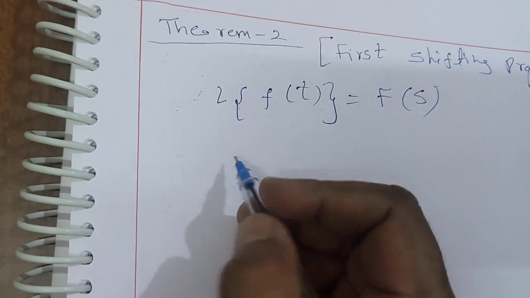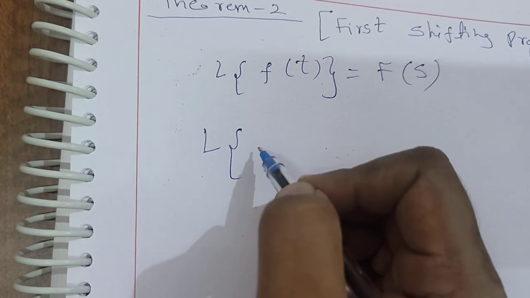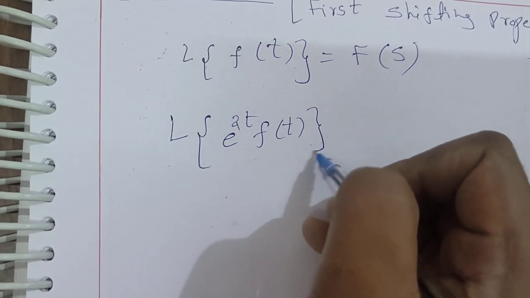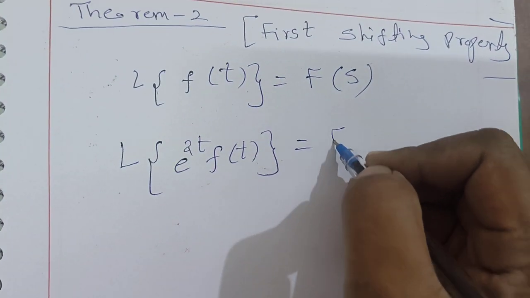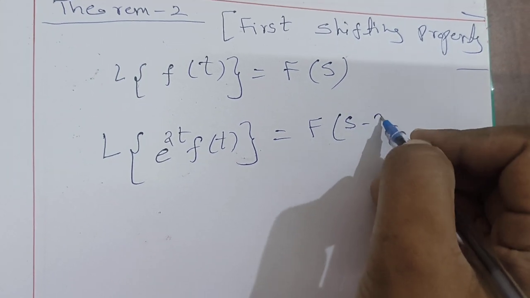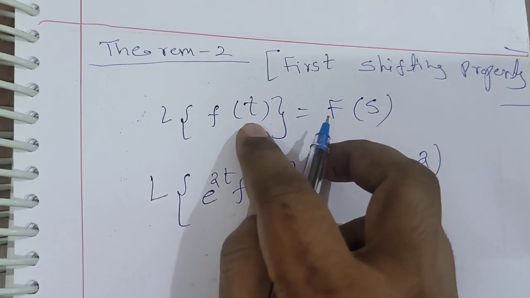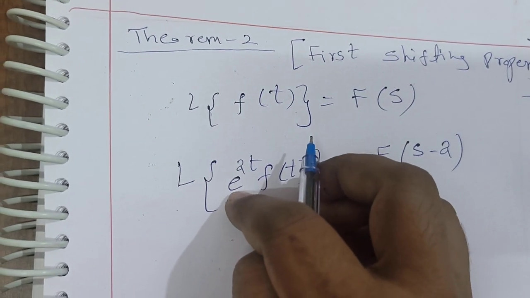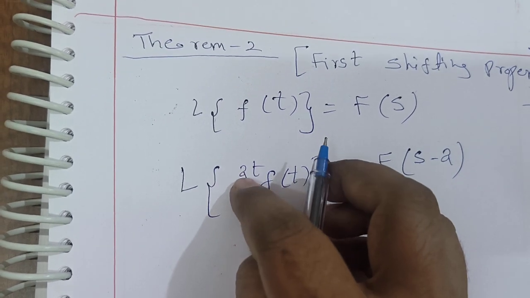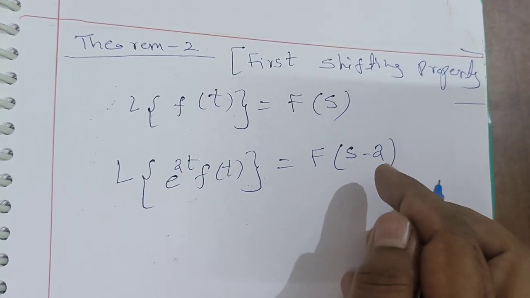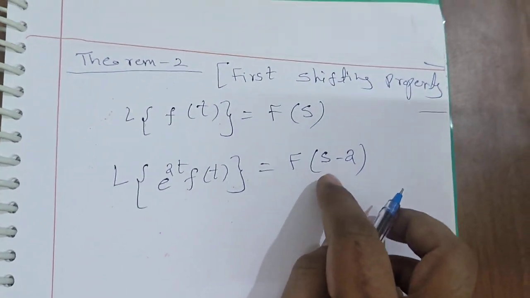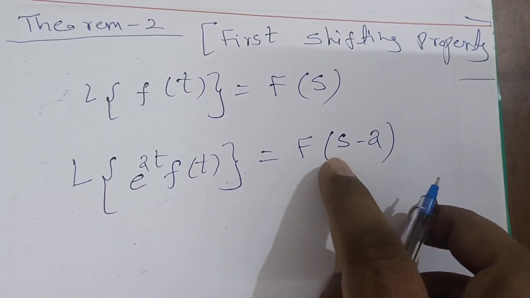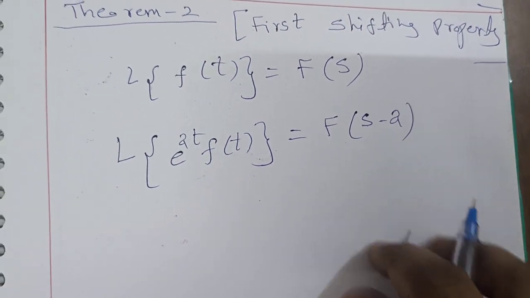So in place of f of t, if we write L of e to the power of at times f of t, then the right hand side becomes F of s minus a. Means this is our function L of f of t, we are simply writing F of s. When we take e to the power of at times f of t, a is positive, but when we write on the right hand side, it becomes F of s minus a. If we have e to the power of minus at times f of t, then it becomes F of s plus a.